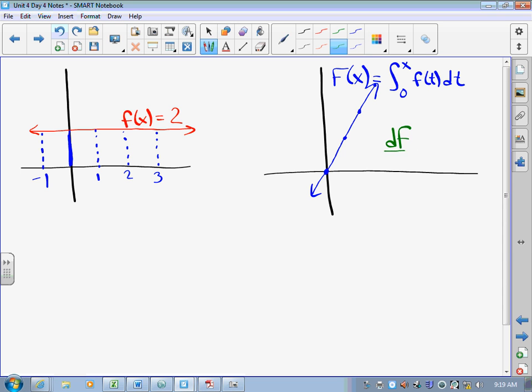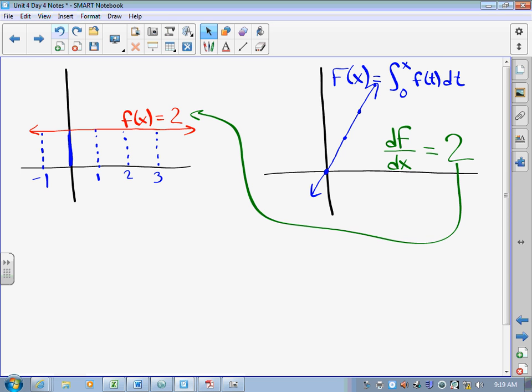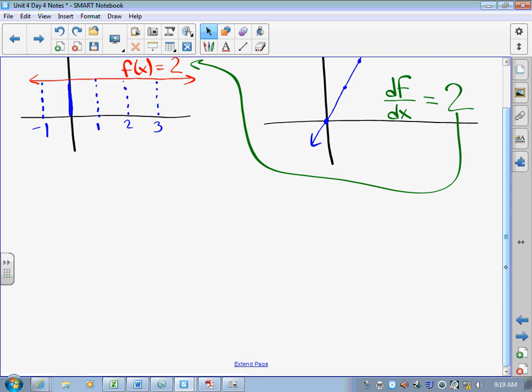What is the derivative of capital F of x? Well, the derivative of capital F of x appears to be 2. And 2 is little f of x.